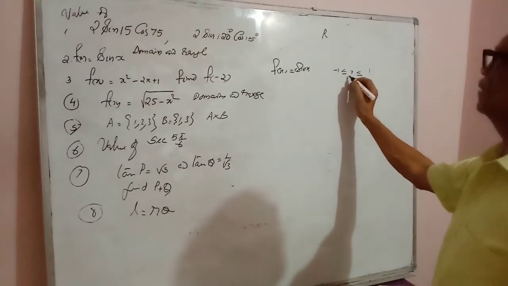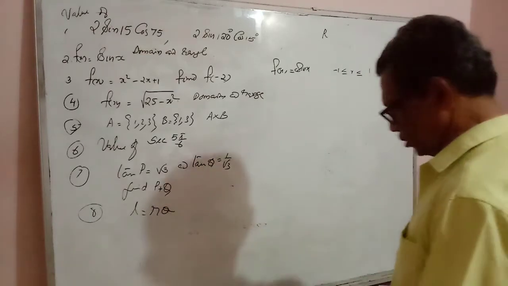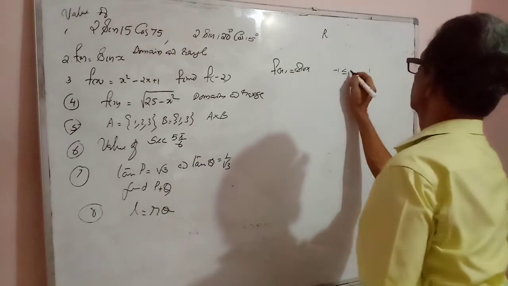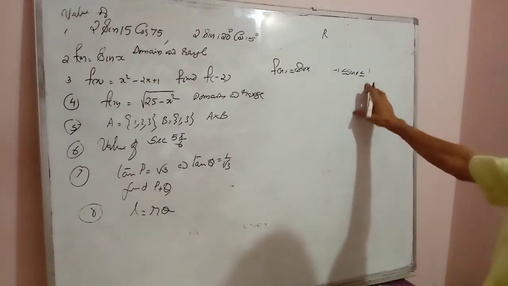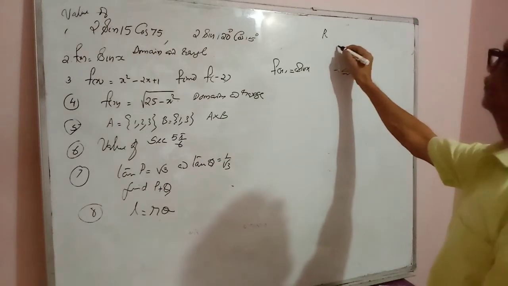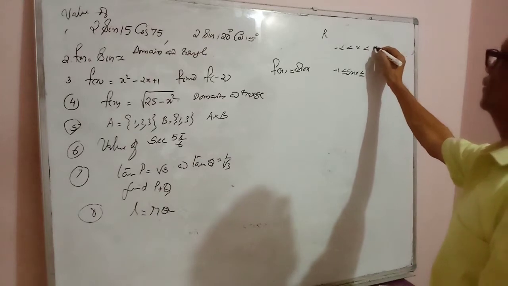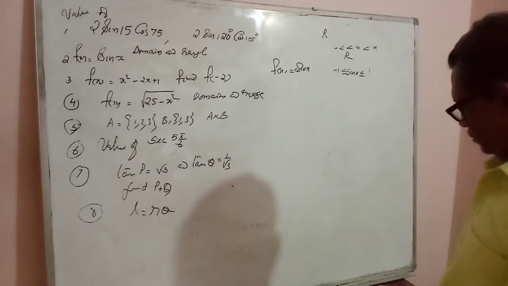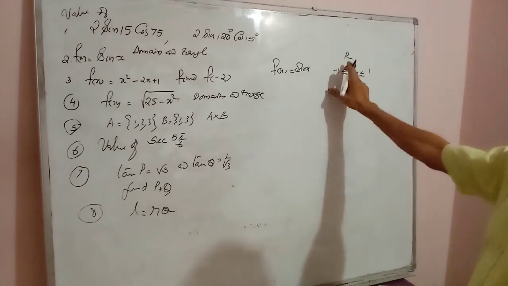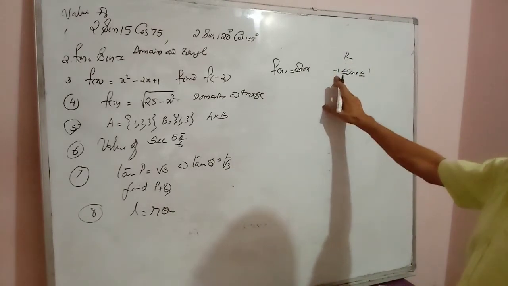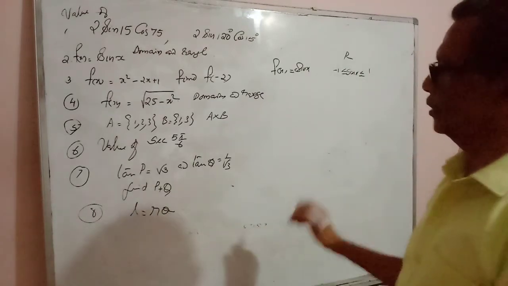That is minus 1 less than or equal to sin x less than or equal to 1. And the domain is the set of real numbers. For sin x and cos x, the domain is the set of real numbers, and the range is the closed interval minus 1, comma 1.